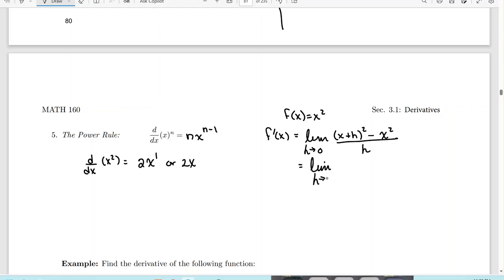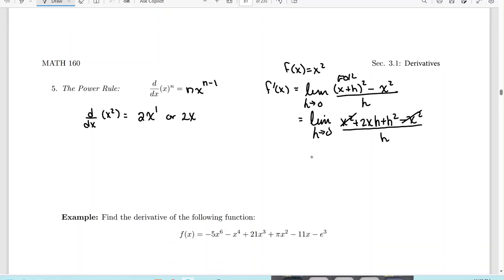Limit as h approaches 0 of, FOIL this out, x squared plus 2xh plus h squared minus x squared, divided by h. Remember, stuff on top should cancel, factor out the h. And I've got a 2x plus h.